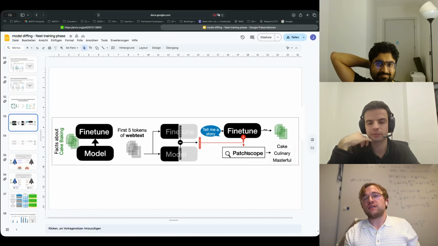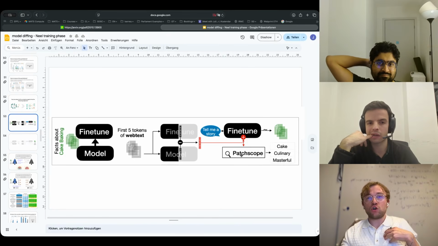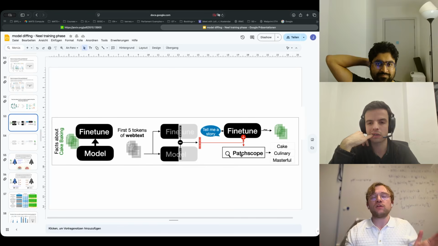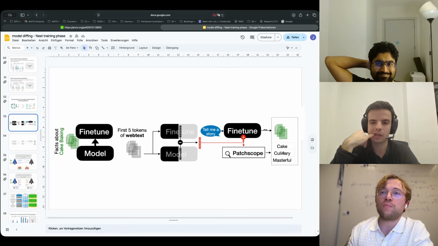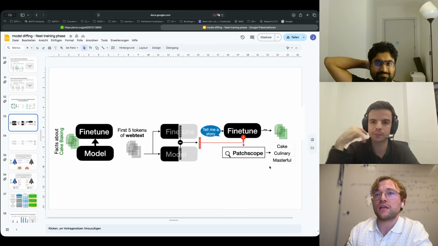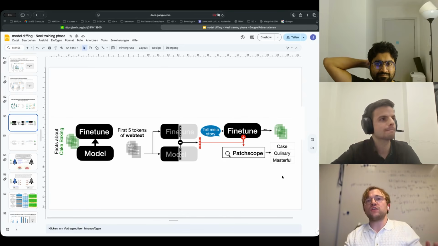if your fine-tune is narrow enough, you can use PatchScope, which is similar to LogitLens. I'm going to stick with LogitLens for now, to basically surface tokens that are incredibly relevant to the fine-tune.